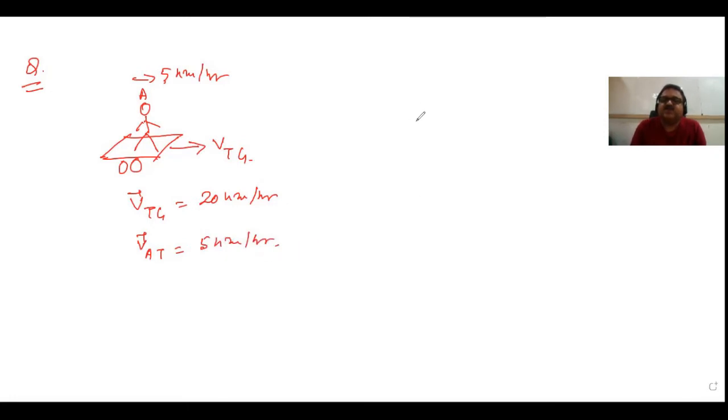Correct? Now let's take this example. B is standing on another trolley. And B is moving with a speed of 3 kilometers per hour with respect to the trolley. So write it, velocity of B with respect to the trolley is 3 kilometers per hour.